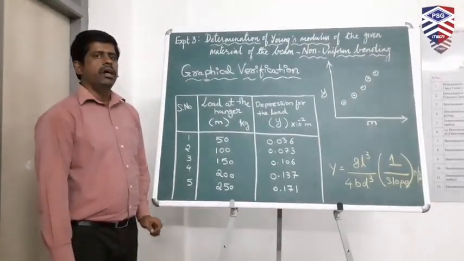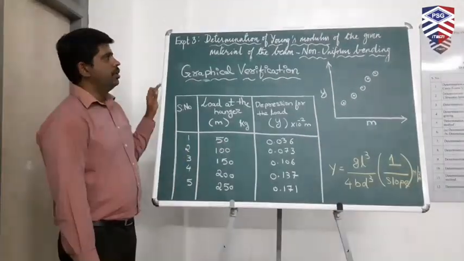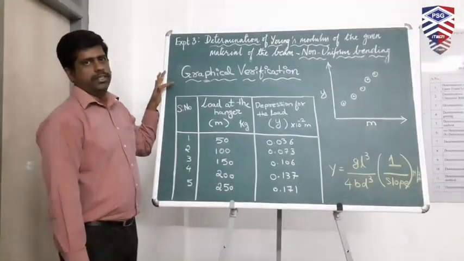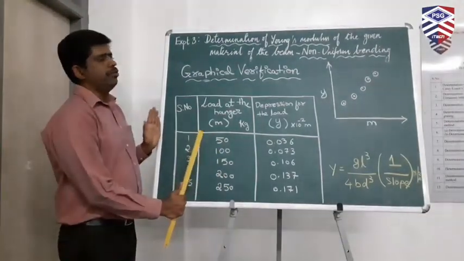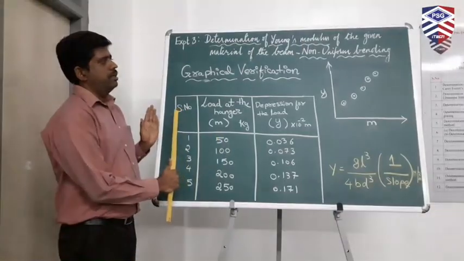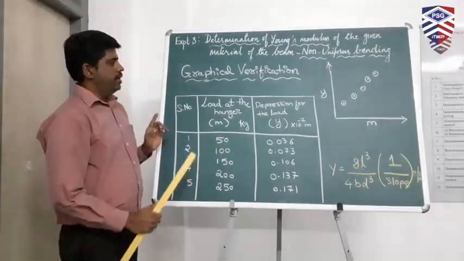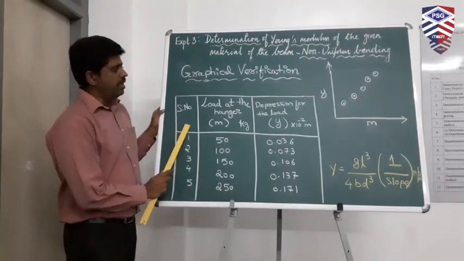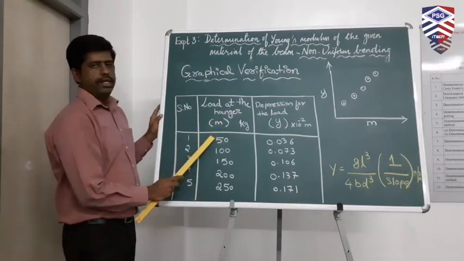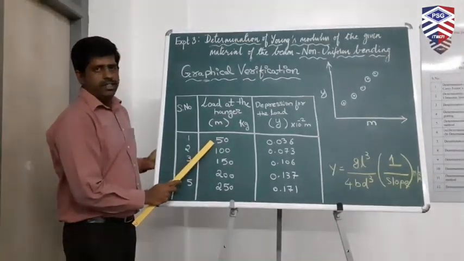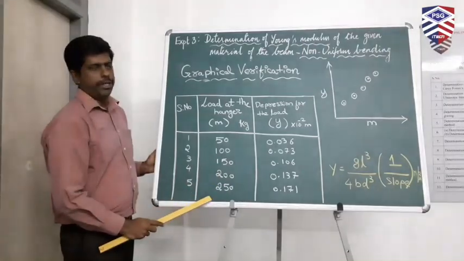Now let us see how to calculate the Young's modulus using the graphical method. In this part we will be explaining how to verify the Young's modulus through a graph. The tabular column reads as such: the load at the hanger M, the weight W 100, 150, 200, 250.